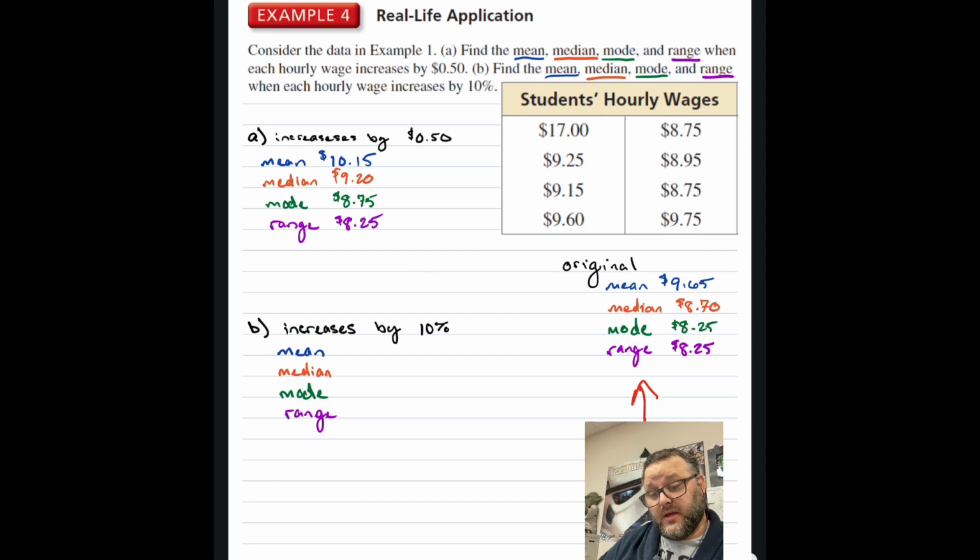And before we move on to the 10%, I want to spend a little bit of time here comparing our original mean, median, mode, and range to our now new, with a raise of 50 cents, mean, median, mode, and range. If we look at the mean of $9.65, it's where we started. We then gave everybody a 50-cent raise, and we got a mean of $10.15. Well, the difference in those two means is 50 cents.